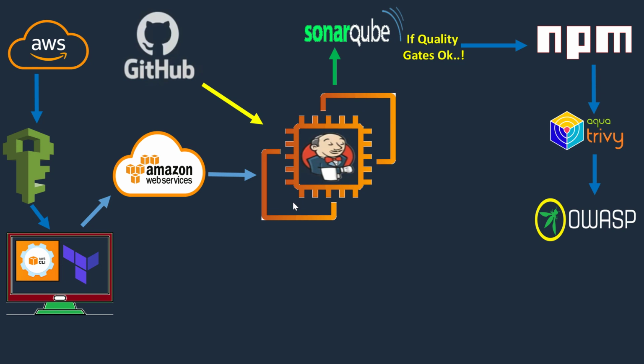OWASP is a community-driven organization focused on improving software security, and it provides resources, tools, and best practices for web application security. And by this OWASP, we can regularly update the list of critical security risks for web applications.